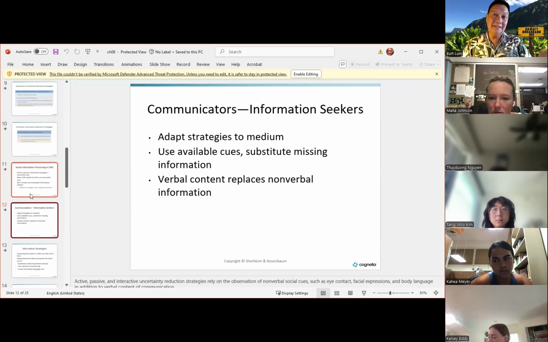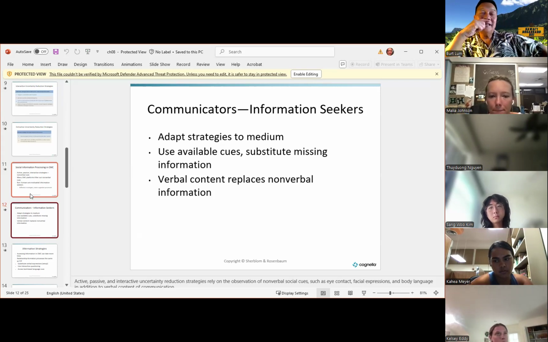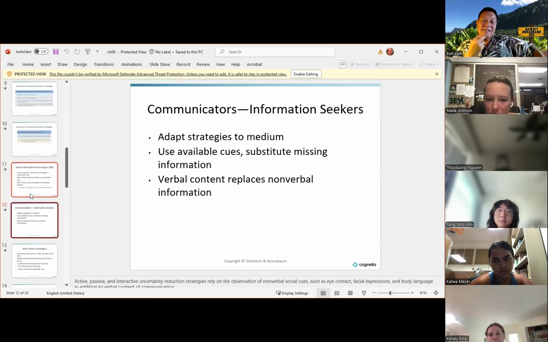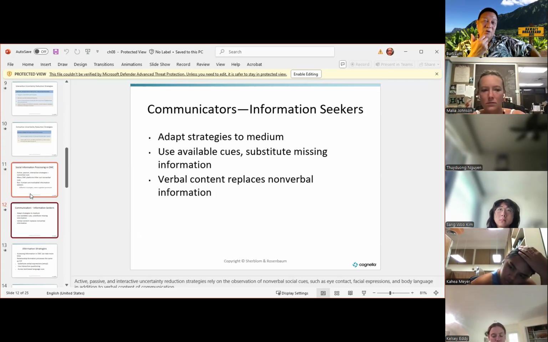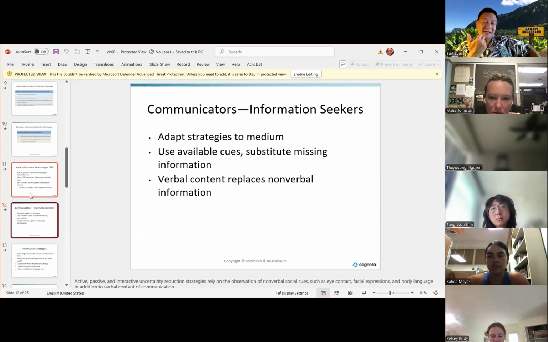Verbal content replaces non-verbal information. I will say that I recently did something called the Digital Equity Innovation Awards, and since I'm teaching this class, it gives me additional fodder and environments to better understand, when talking about terms like social information processing, and then the idea of relationship building.